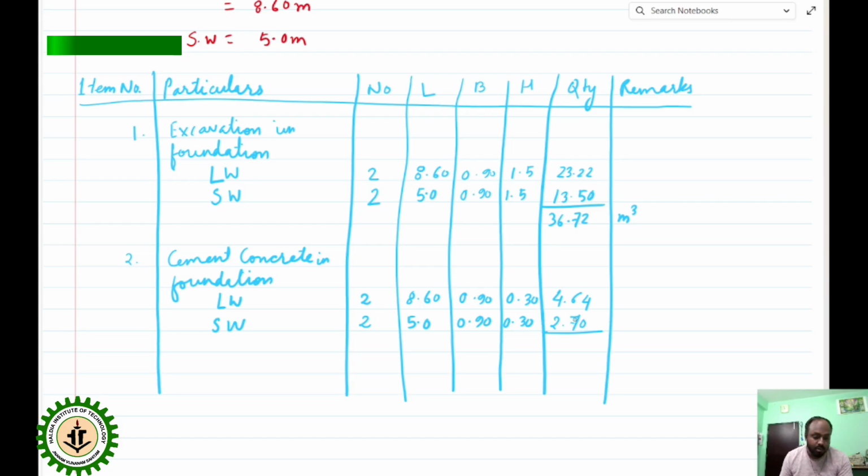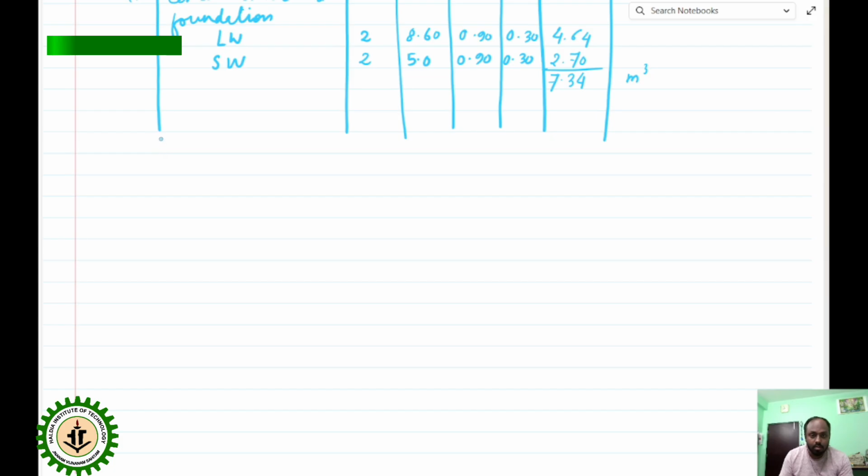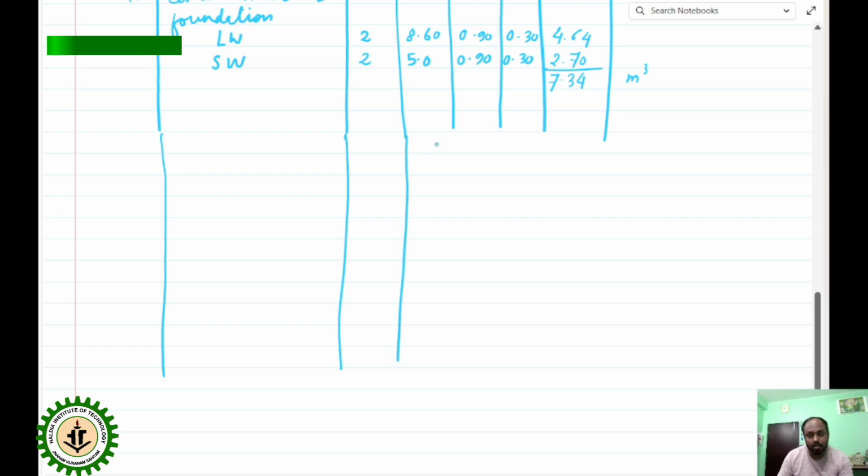Plus, it gives 11.34 cubic meter. Now, the next quantity.